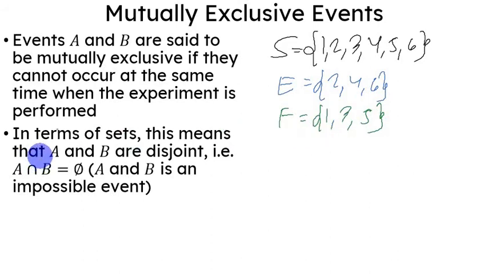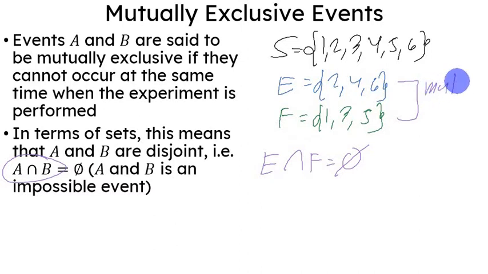As we can see, E intersection F is actually a null set, because there's no common element. And since there's no common element, we say that these two events are mutually exclusive. They cannot occur at the same time.